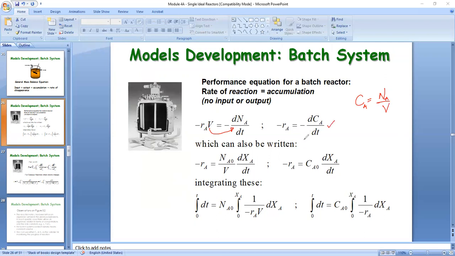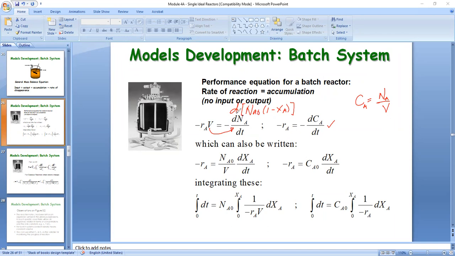Now we can also write this N_A as N_A0 times (1 minus X_A), just like C_A0 times the quantity (1 minus X_A). So the same form, we only change C_A to N_A. In this case, we have N_A0.